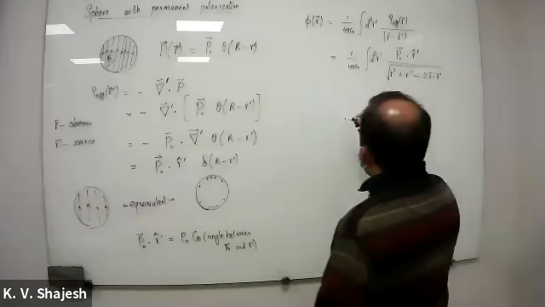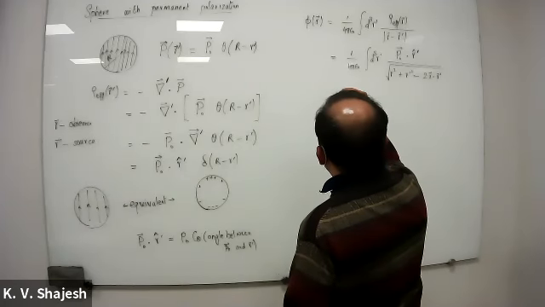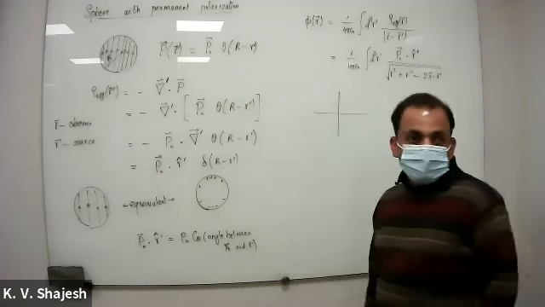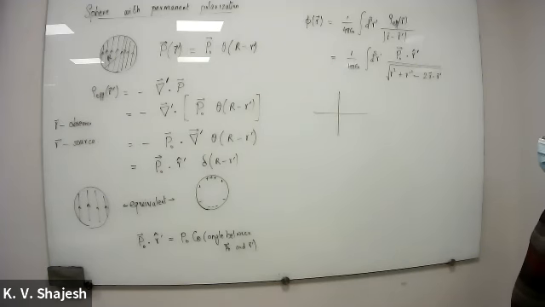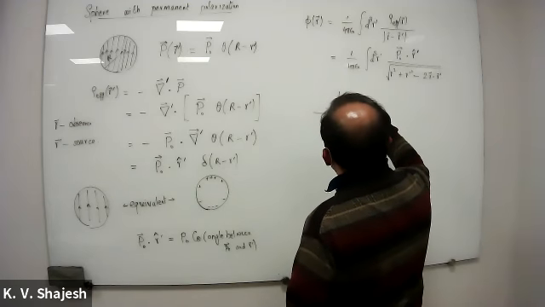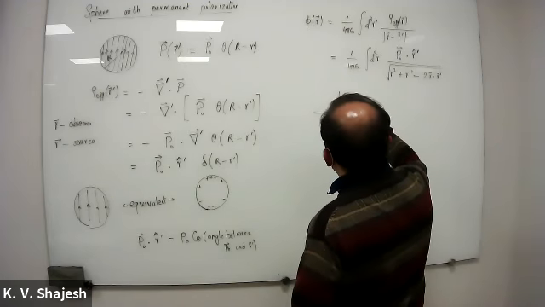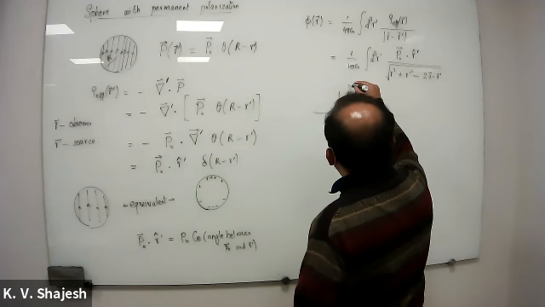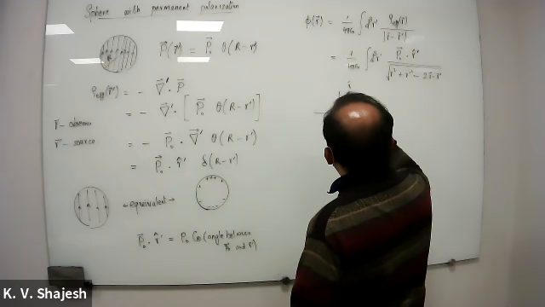Notice that there are 3 vectors in action here. So let me show that explicitly. Let's say in general, I have my R here. That's my observation point. It could be outside, inside.